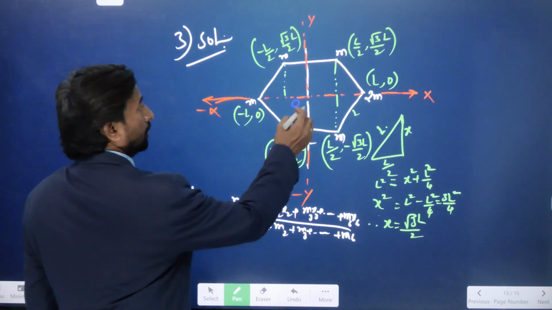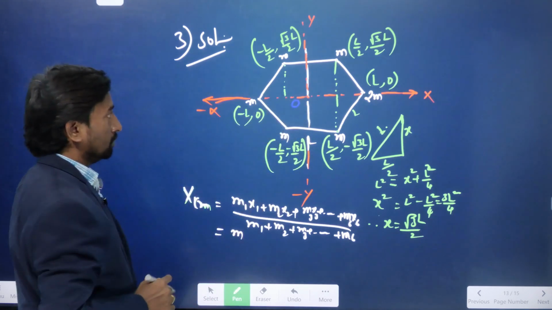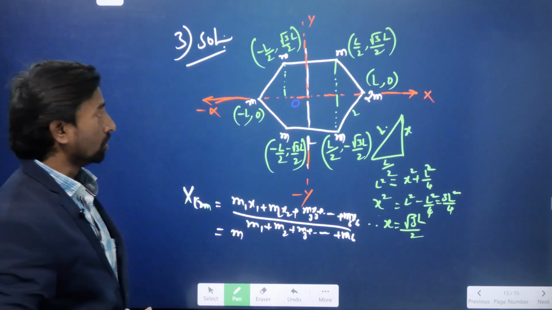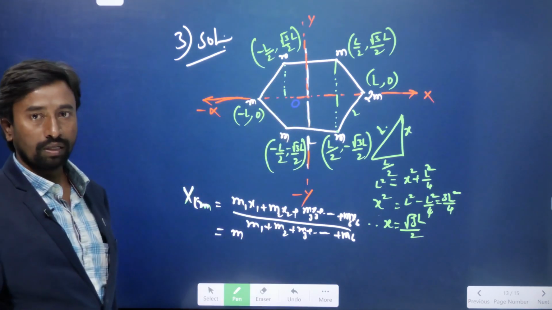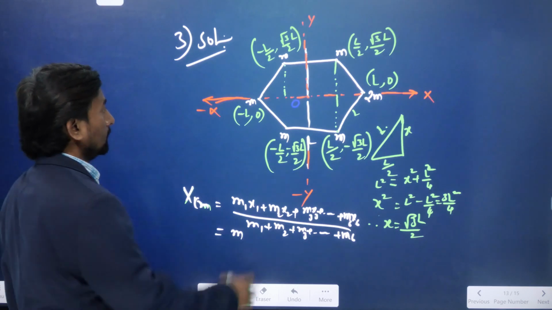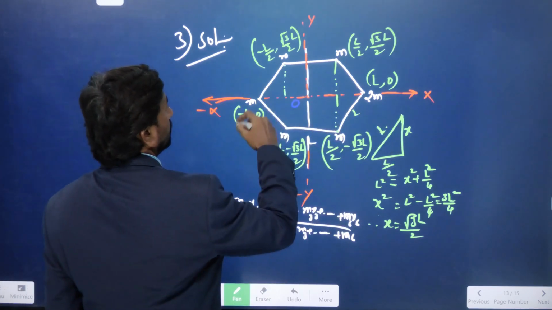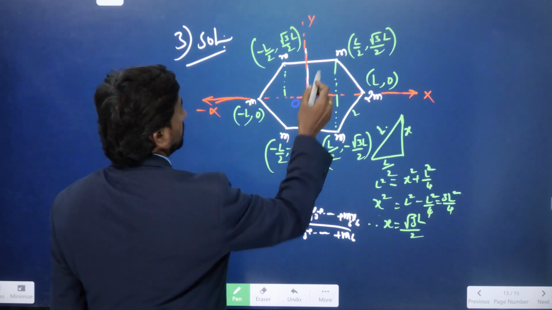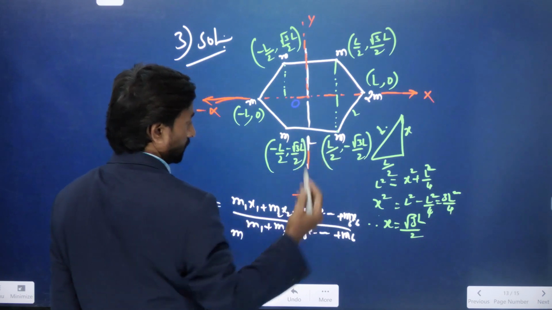For that, we keep the geometric center of the hexagon at the origin (0, 0) and consider the coordinate system there. The m and 2m masses are on the x axis, and the remaining four masses are in the plane, in the first, second, third, and fourth quadrants.